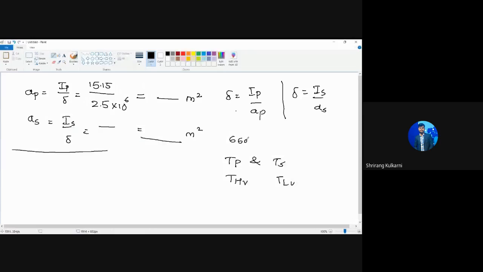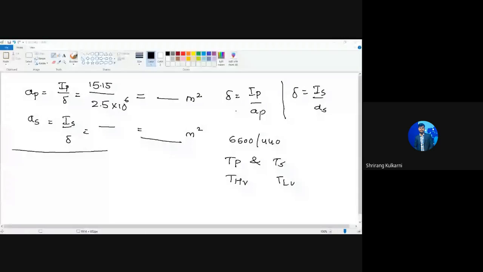Next, what you have to calculate? TP and TS. TP is nothing but THV, and TS is nothing but TLV, because this is 6600 by 440.